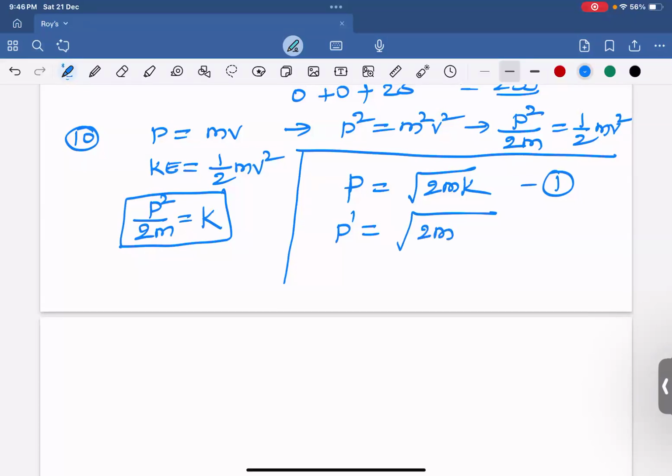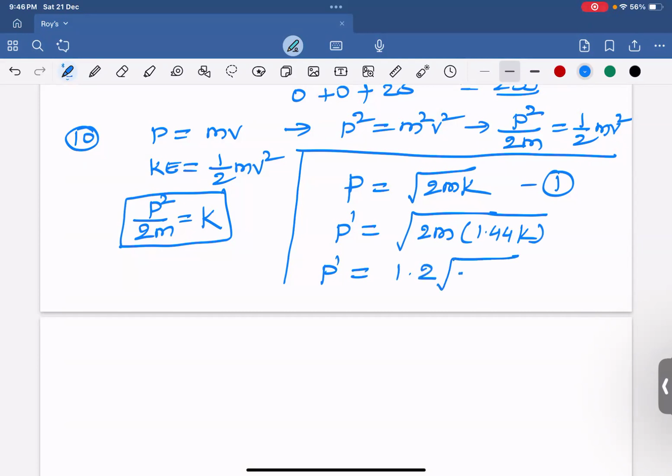Now kinetic energy has increased 44%. If something has increased 44%, it means it becomes 1.44 times. Am I correct, Neil? Yes, sir. So 1.44, if you take the square root, it becomes 1.2.